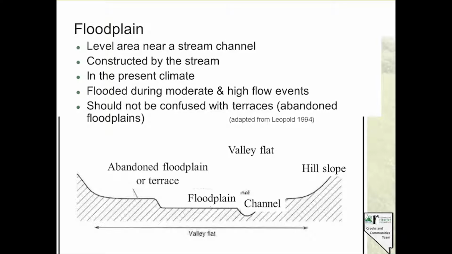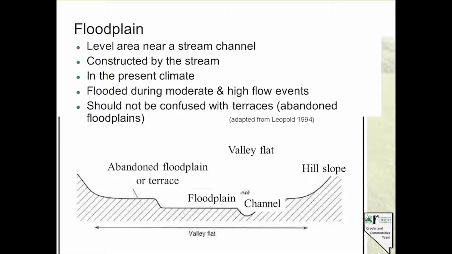That can be adjusted a little bit up and a little bit down, and how you get that recurrence is not by guessing. You really want to go out to stream gauges and measure where that feature is, and then check that against the historical flood data for that gauge, and then you'll find out what the discharge was at that stage, and then you can correlate that to a recurrence interval based on historical data.